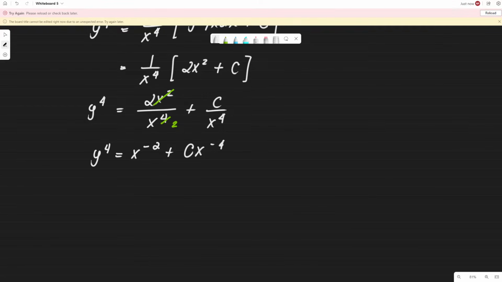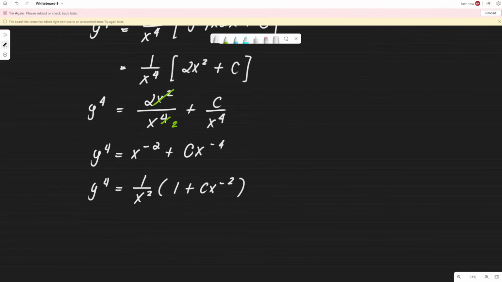Or we can factor out x raised to negative 2. So we have y raised to 4 is equal to 1 over x squared times 1 plus cx raised to negative 2.